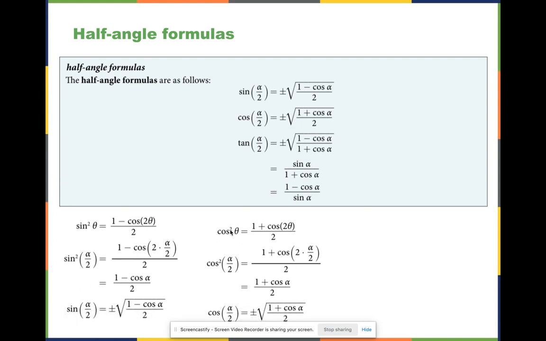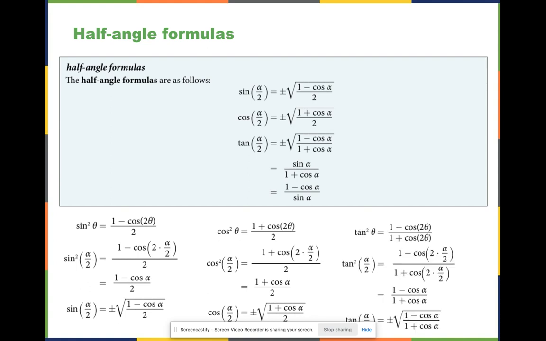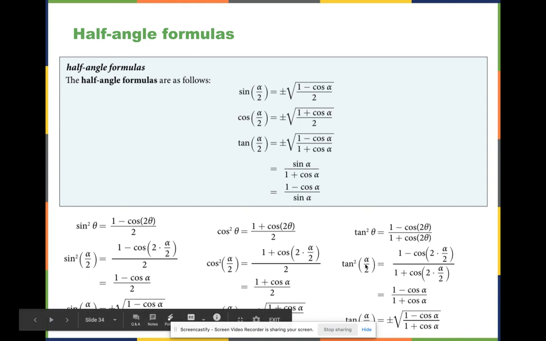We do a very similar thing with cosine. We start with the power reducing formula, replace theta with alpha over 2, and then take the square root. Because we take the square root, we have to take plus or minus. For tangent squared, we start with the power reducing formula for tangent squared, and we replace theta with alpha over 2. So we get 1 minus cosine alpha over 1 plus cosine of alpha.